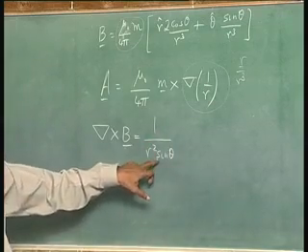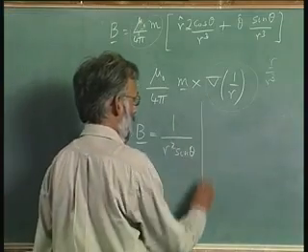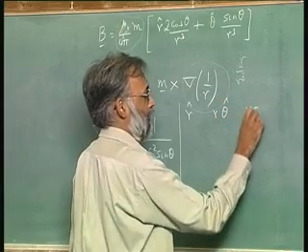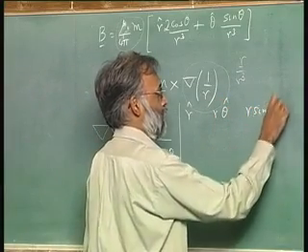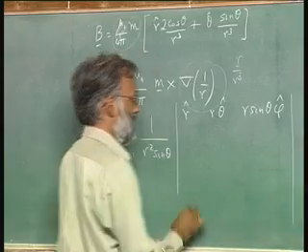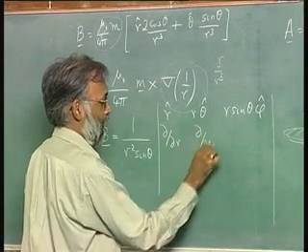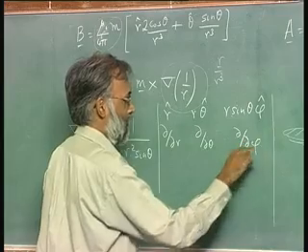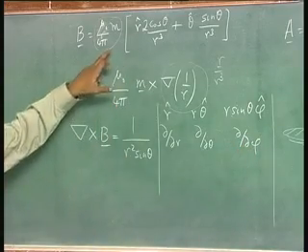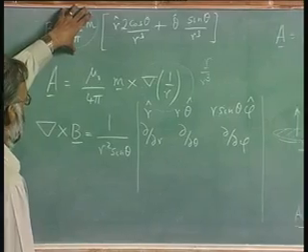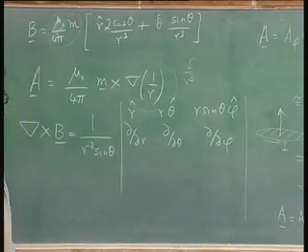H1, H2, H3 is 1 over r squared sin theta, r hat, r theta hat, r sin theta phi hat, del del r, del del theta, del del phi, and then these two components. There is a constant, so I can pull the constant out.